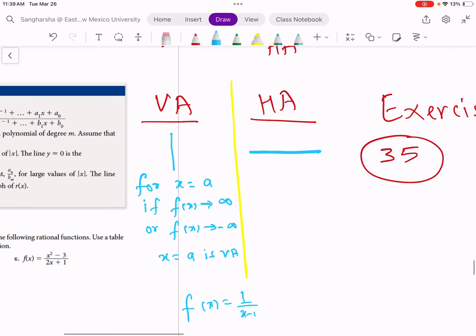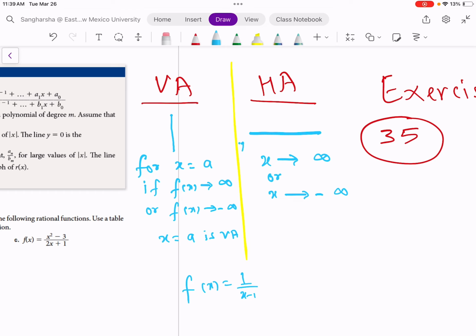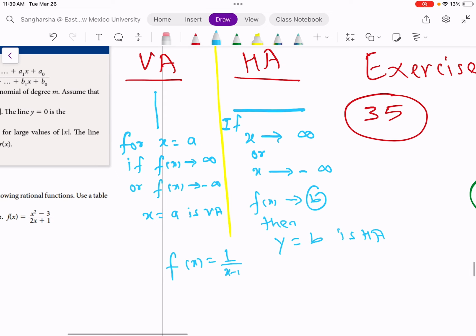Now for the horizontal asymptote, if your input, x is the input, if you choose your input to be very large, or if you choose your input to be very small, then f of x approaches some number, let me call it b. Then y equals this number b is the horizontal asymptote.